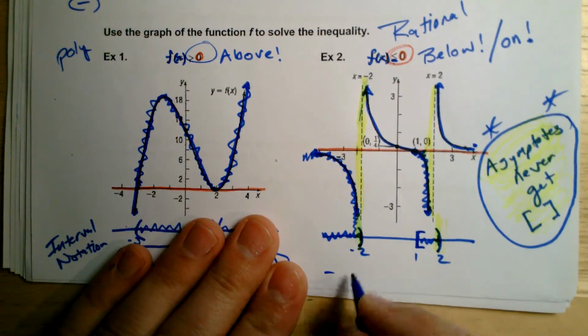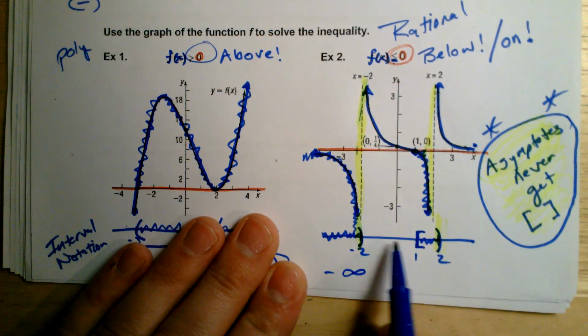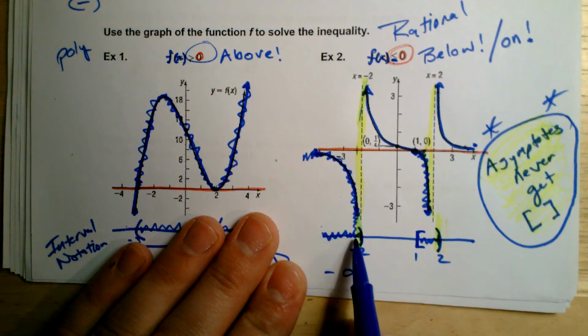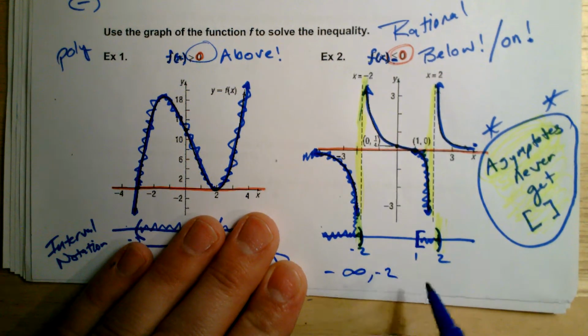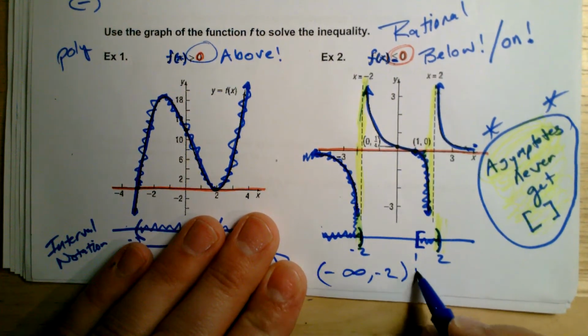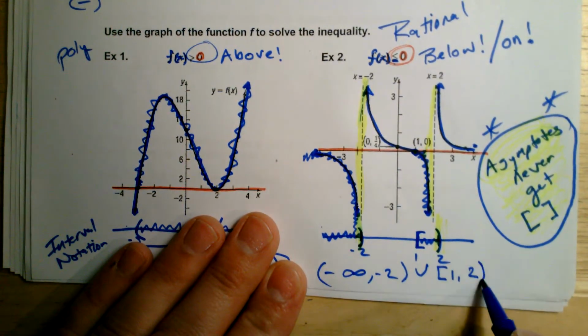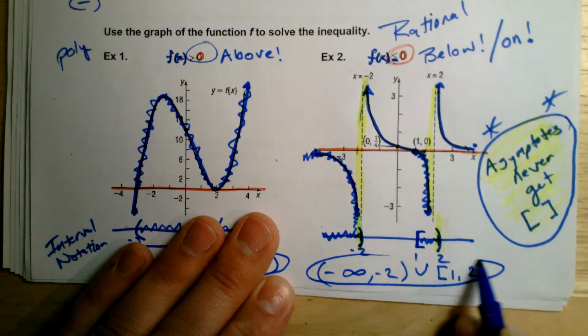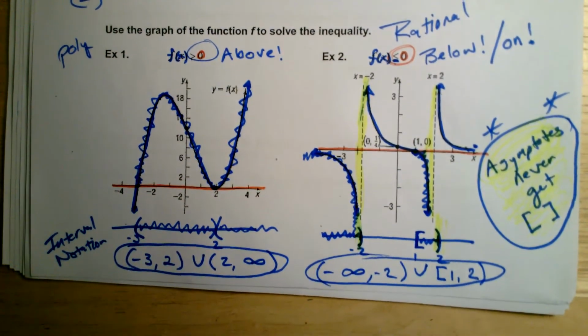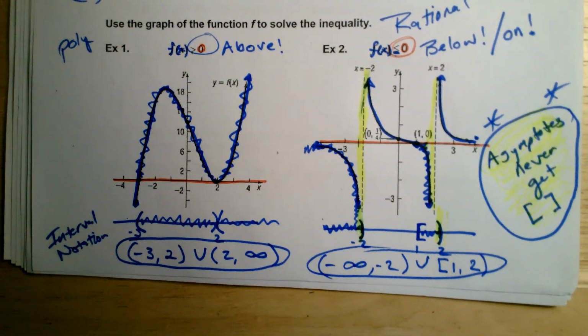Any questions? So from left to right, this is negative infinity. It goes all the way to -2. Parenthesis, union or, bracket on 1, all the way to 2. Okay, so negative infinity, -2, parenthesis, union or, bracket on 1, comma 2.